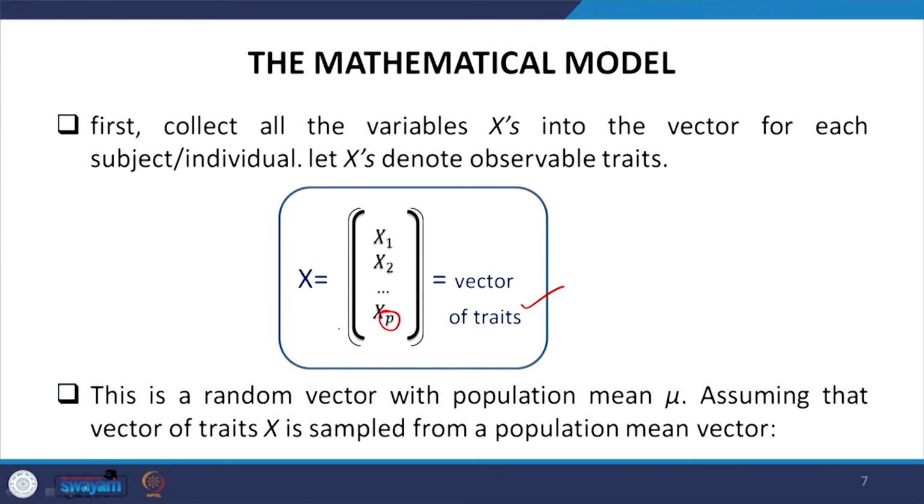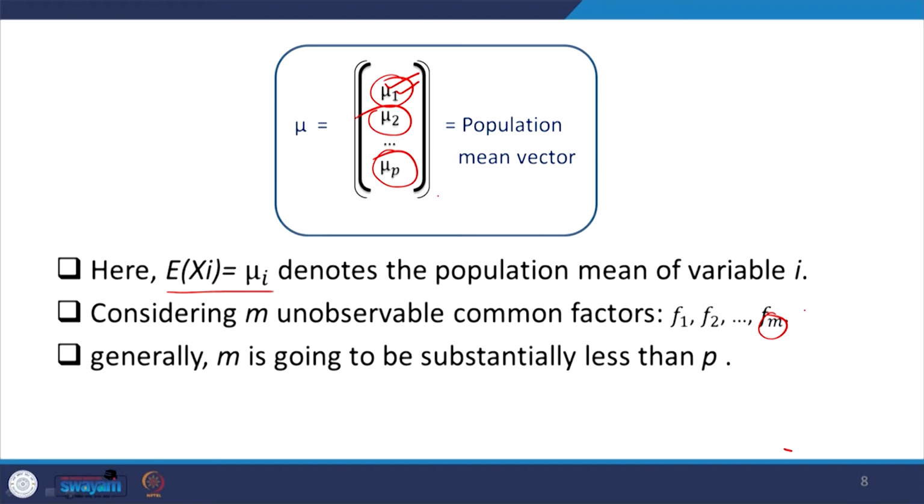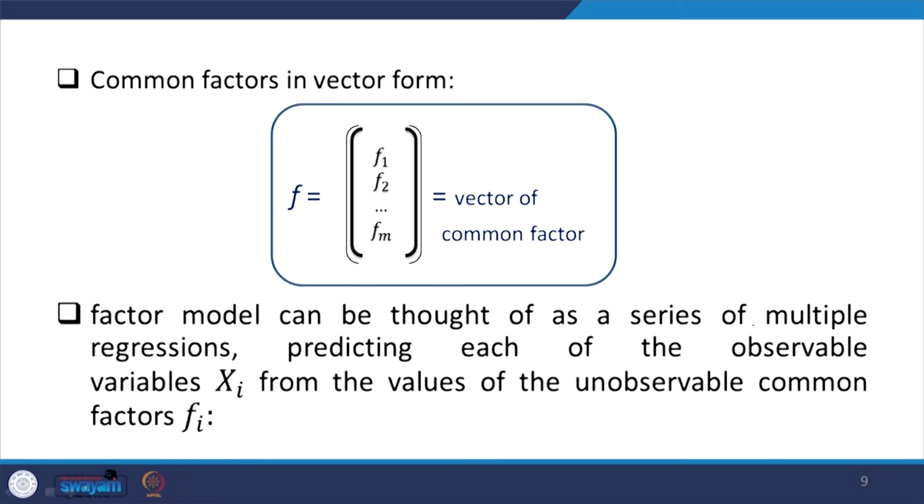This m might be lesser than p, or maybe equal, less than or equal to, but in general, since we are trying to reduce the number of factors, we always expect that m is lesser than p. Generally m is going to be substantially less than p. It might be equal, but if it is equal, then what is the point of doing factor analysis? So it should be substantially lesser than p.